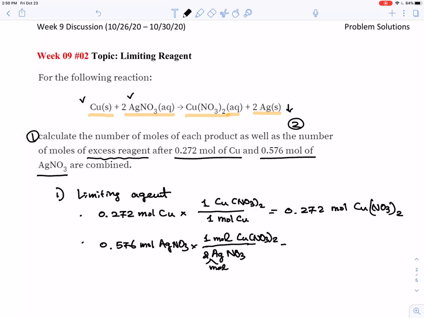By doing so, 0.288 mole of Cu(NO3)2 will be produced.